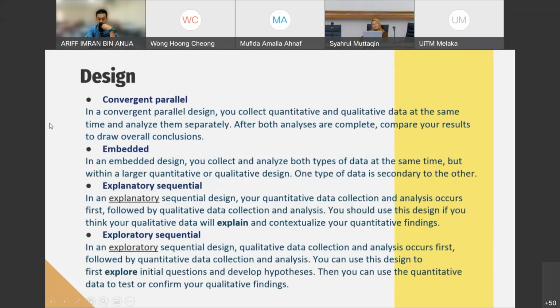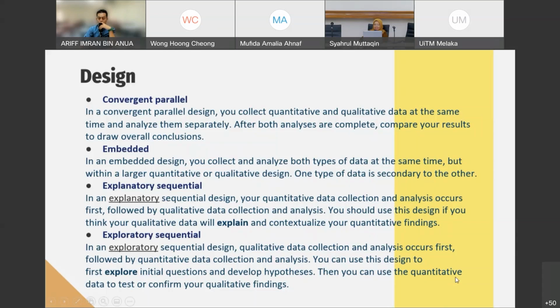And then the design of mixed method can be convergent parallel, embedded, explanatory sequential, or exploratory sequential. So for students who are really interested in having mixed method research, you can choose which design you're going to use.